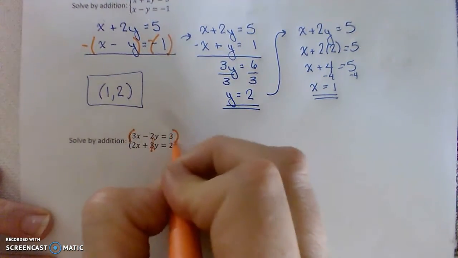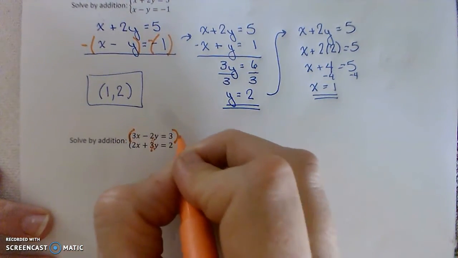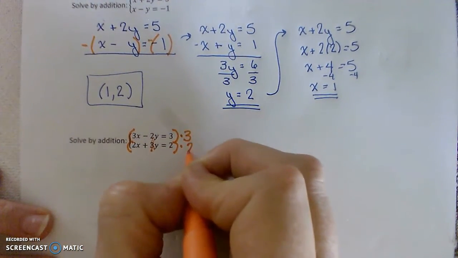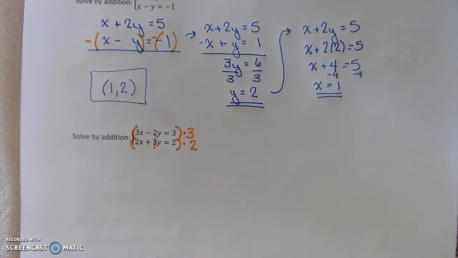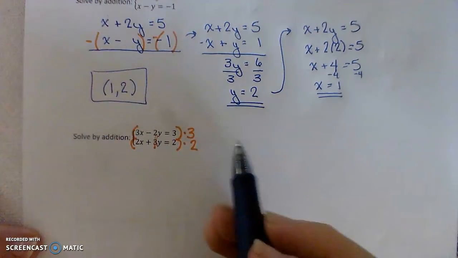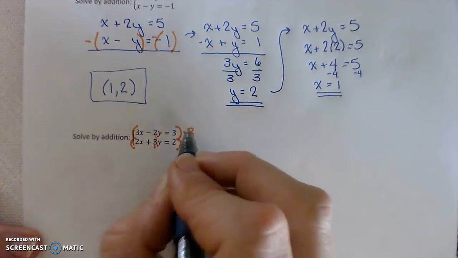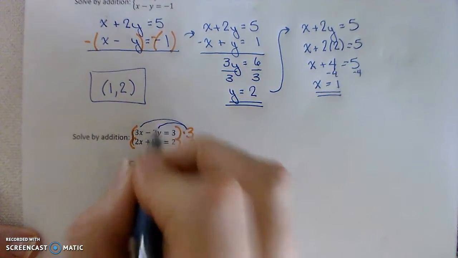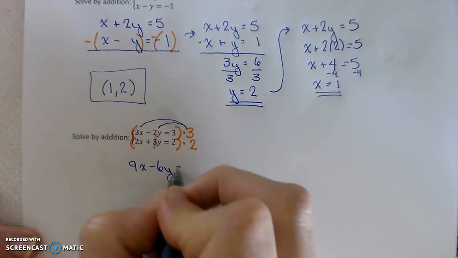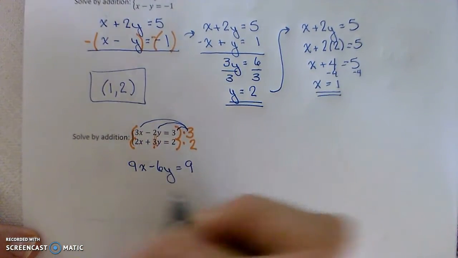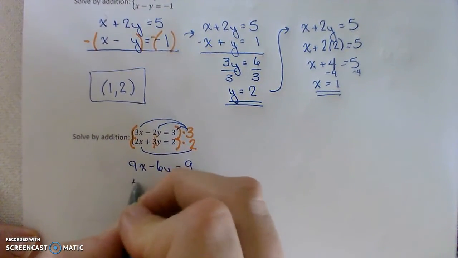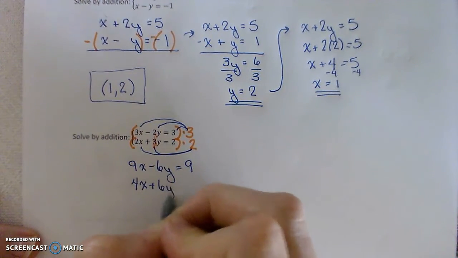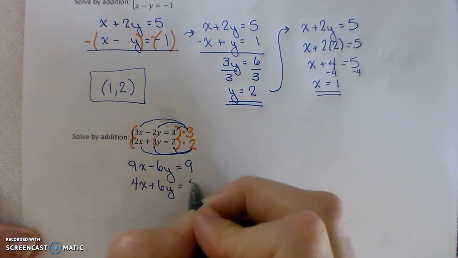I'm going to put this whole thing in parentheses and say times 3, and the second equation in parentheses and say times 2. Let's make sure that we distribute into both sides of the equation. So the top equation becomes 9x minus 6y equals 9. And the bottom equation becomes 4x plus 6y equals 4.